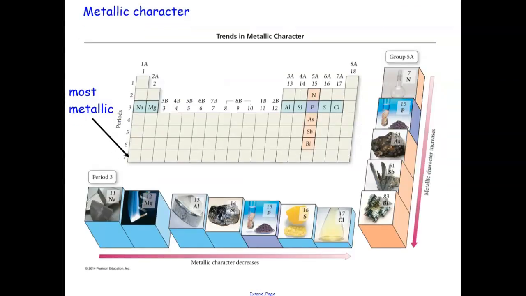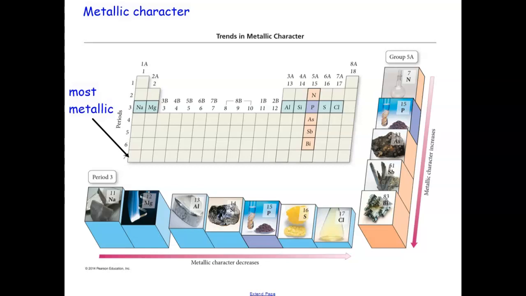And the last trend I want to take a look at is metallic character. If we look at the pictures towards the bottom of the page, we can see that moving from sodium across to chlorine, they become less metallic. And by metallic, we mean shiny and malleable and reactive with acids and conductive and all those different things. So we go from metals to metalloids to nonmetals.